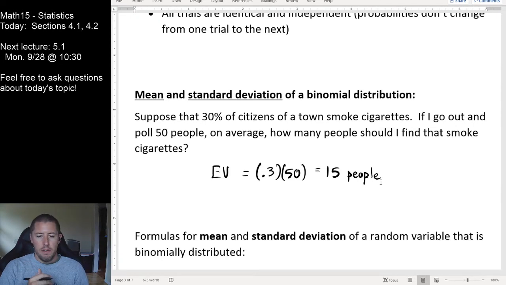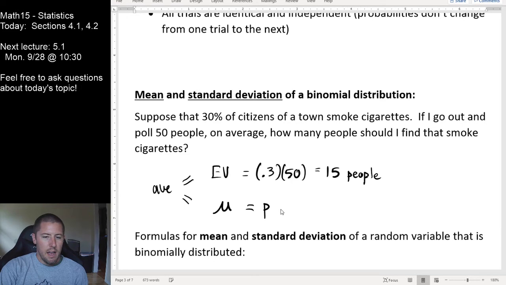And notice the computation that I did right here, and by the way, remember this symbol mu is our average. Average, expected value, mu, mean, these are all the same thing. All we did here is multiply the probability of a success. And again, I don't exactly consider being a cigarette smoker to be a success, no offense if you do, I don't care at all.